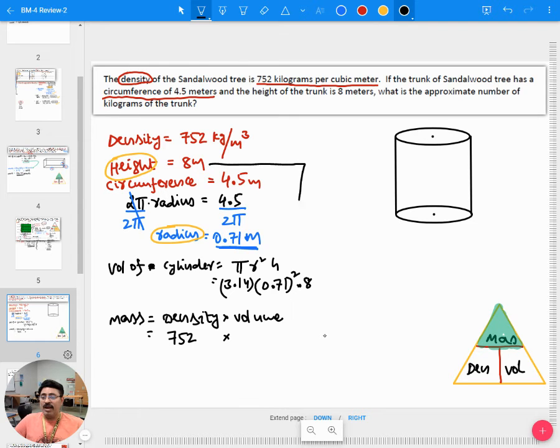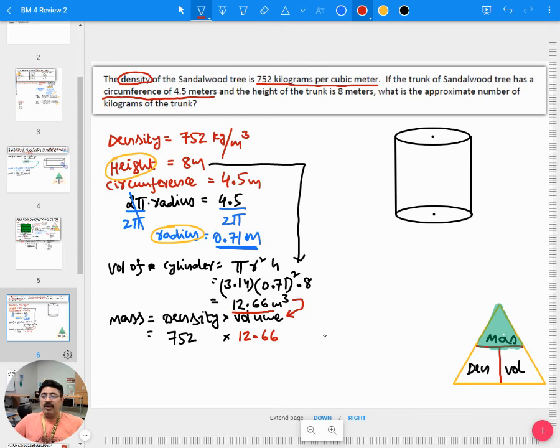Using the calculator, 3.14 times 0.71 square times 8, that is giving me 12.66 cubic meters. Now this volume, 12.66, goes here, to be multiplied by 752.